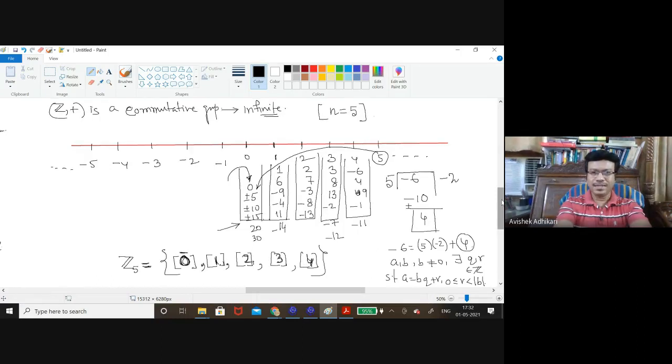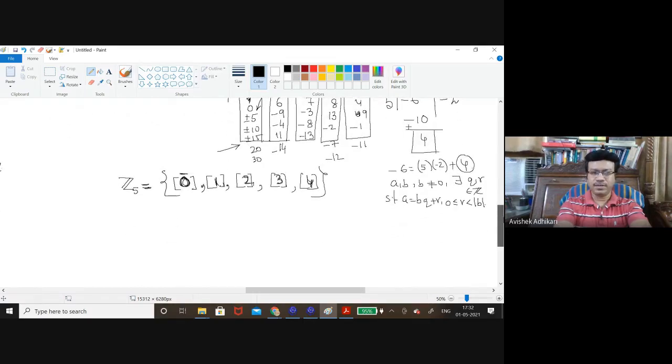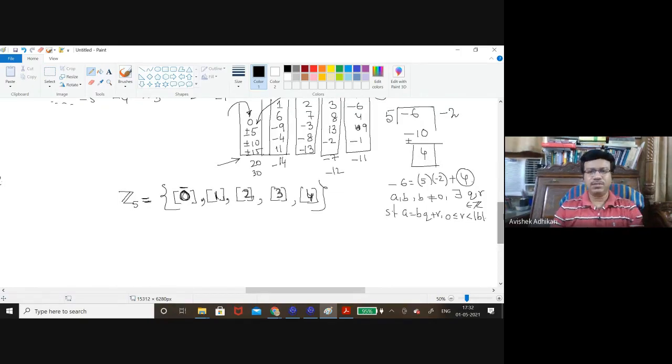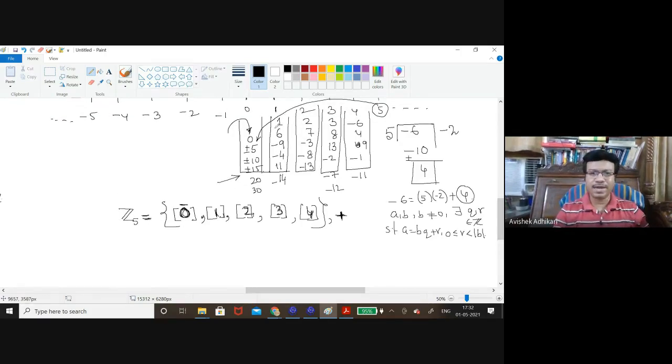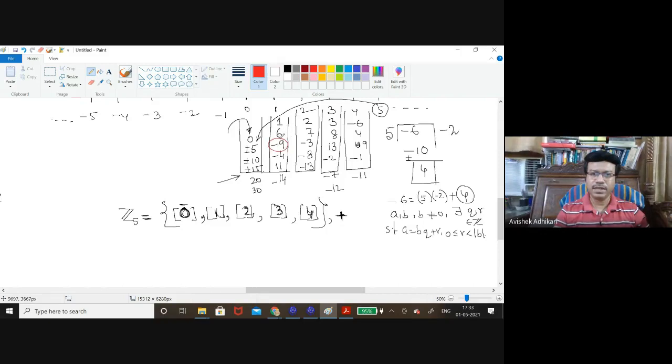Now for algebraists, having only a set, they are not that satisfied. So what they need is some operation. So okay, let us put some addition. Now how is this addition defined? For example, take any element from this bucket, say minus 9, one element.